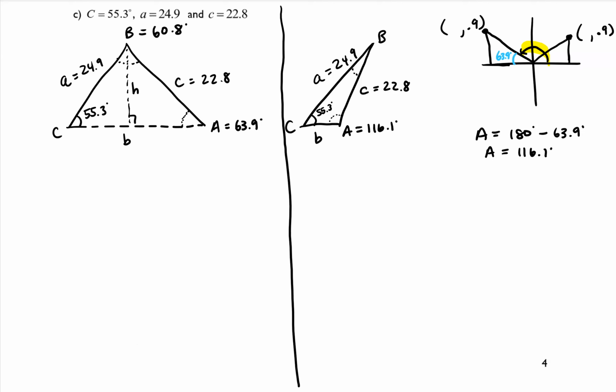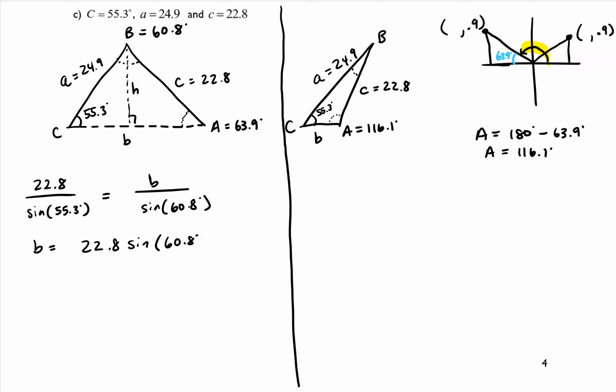Okay, so I'm going to need to use law of sines again. So we can say that 22.8 over sine of 55.3 degrees is equal to lowercase b over sine of 60.8 degrees. And if I solve for lowercase b, I get 22.8 times sine of 60.8 degrees over sine of 55.3 degrees.